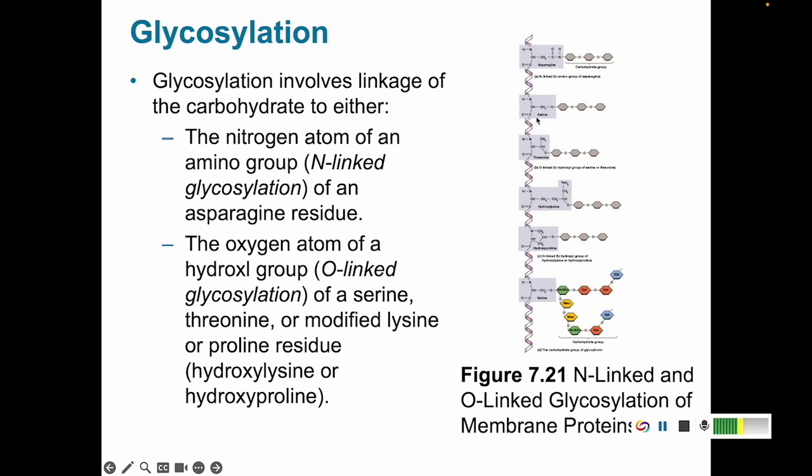If you have a serine, a threonine, or this hydroxylysine, which is a modified lysine, or hydroxyproline, which is a modified proline residue, these all have oxygens in them. So this is O-linked glycosylation. You're adding a sugar onto the oxygen, onto the O. So you can have N-linked glycosylation, or you can have O-linked glycosylation. But in the end, they're all adding different sugar molecules.